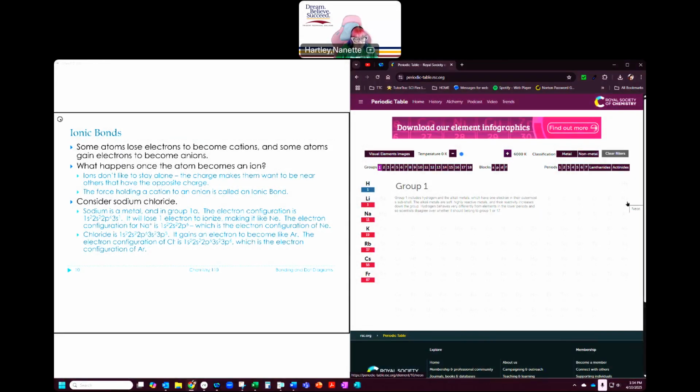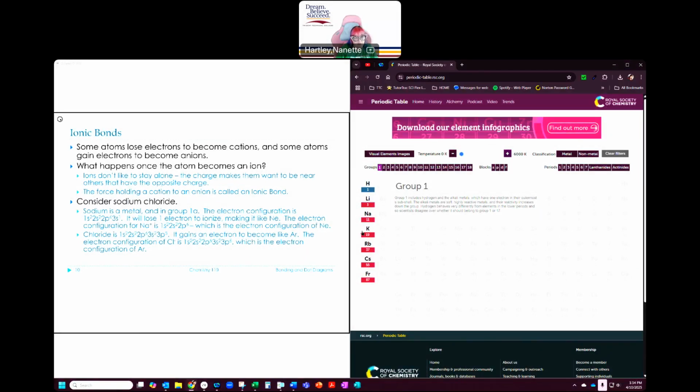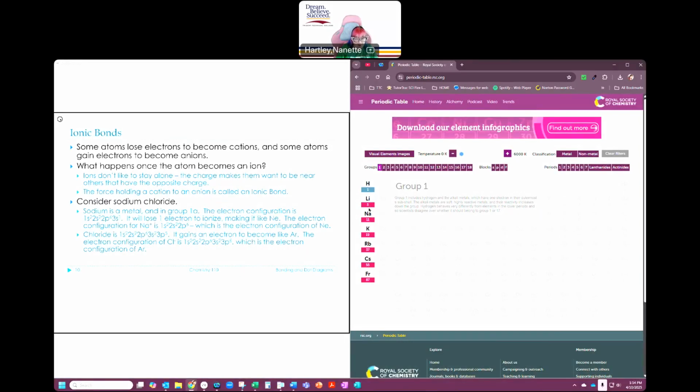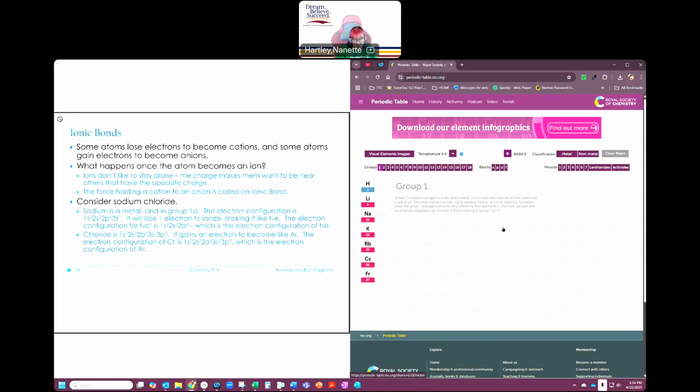We have the exact same electron configuration as that nearest noble gas. And so we can then be a charged species, and then we can bond with something that has a negative charge. We make an ionic bond between the positive and the negative. That's awesome. So that's cool when we can do it, but it can't always happen.